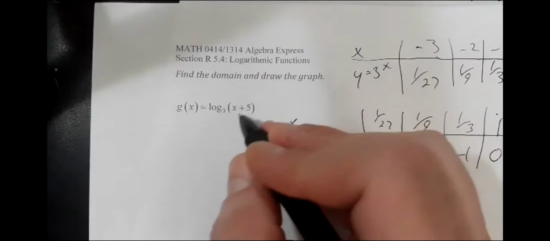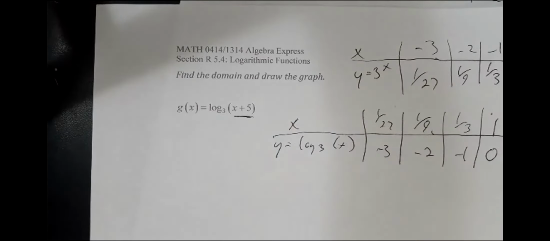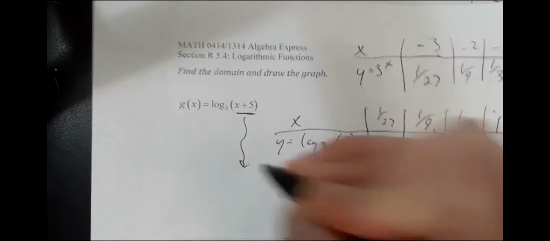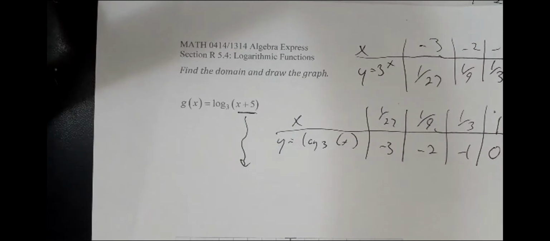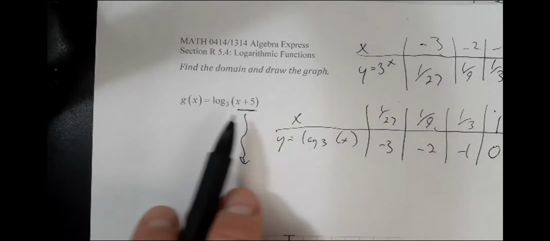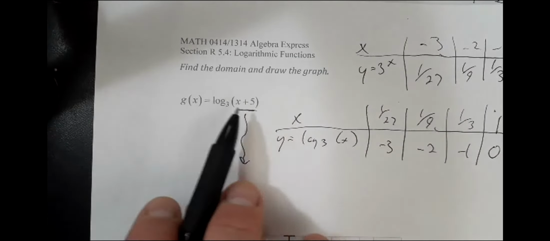Now I want to talk about what this x plus 5 is doing. And we should be getting this from our graph shifts. What's happening to my x or y quantity is hopefully the first thing you're asking yourself. This plus 5 is right there on the x. So it is inside the log, it is inside the parentheses.